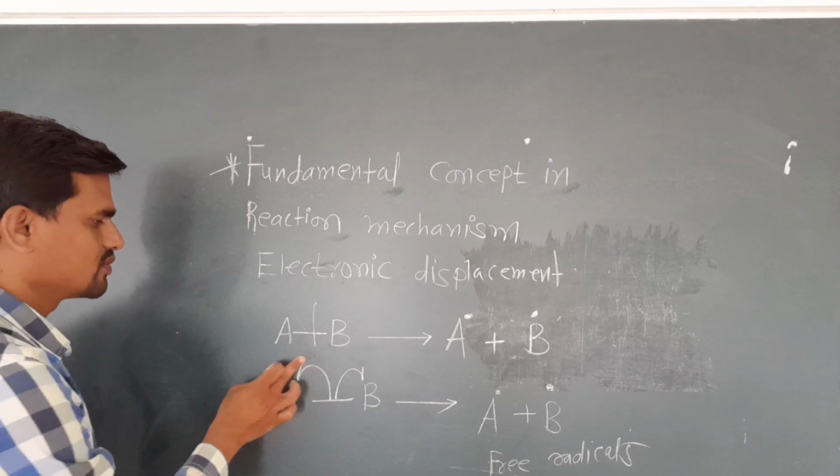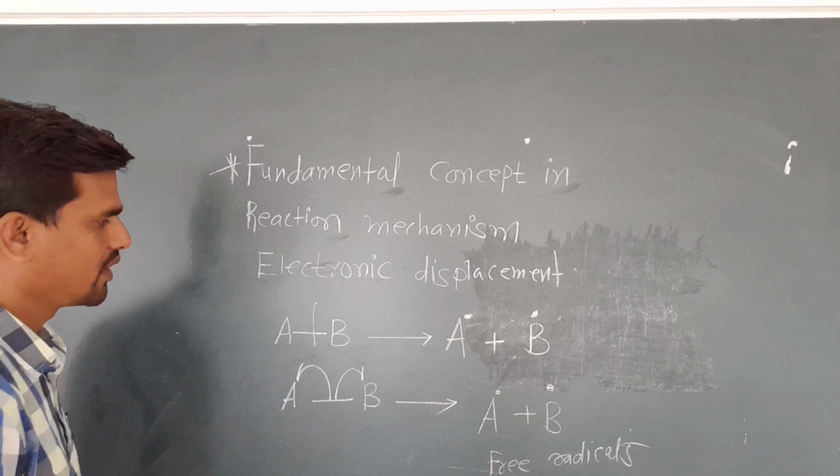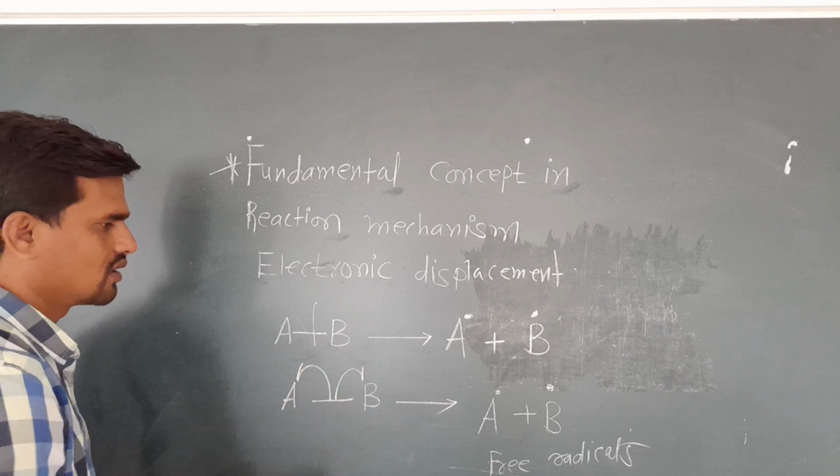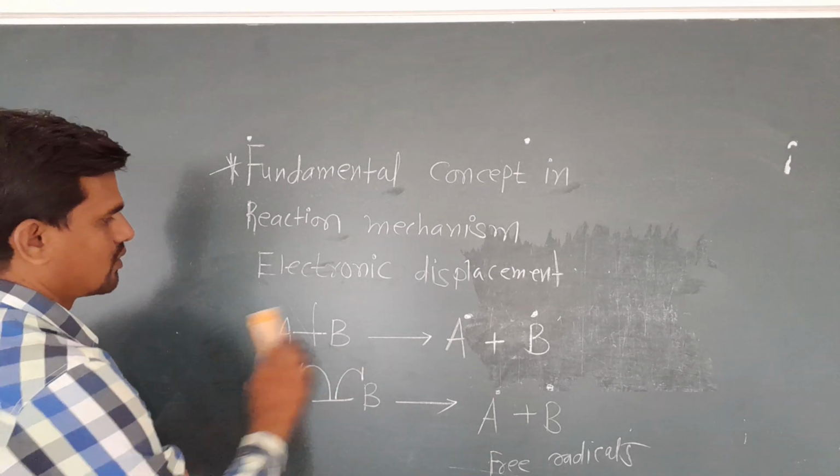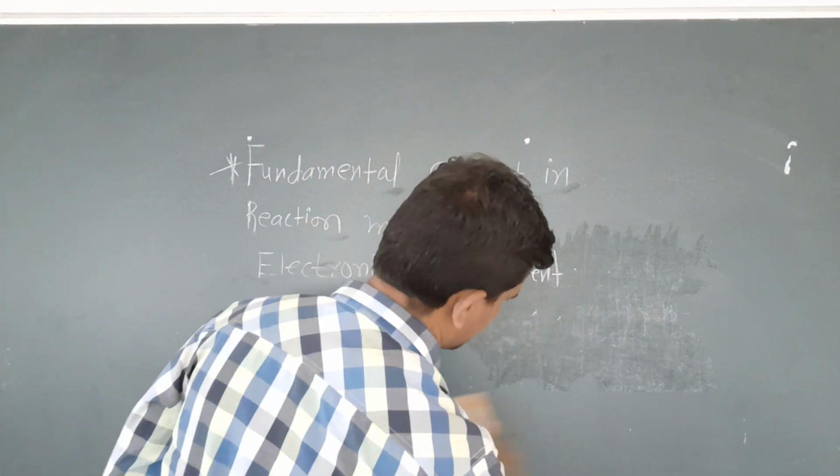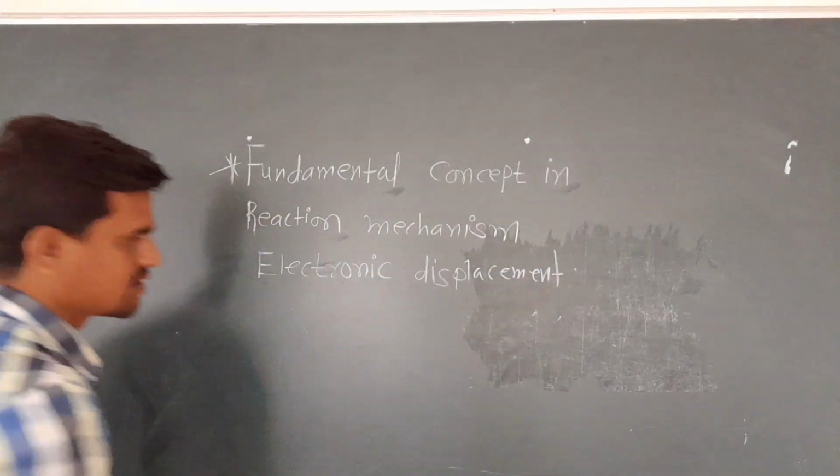The electronic displacement for these free radicals is indicated by the half-headed arrow. So these are the various ways the electronic displacement takes place in the reaction mechanism.